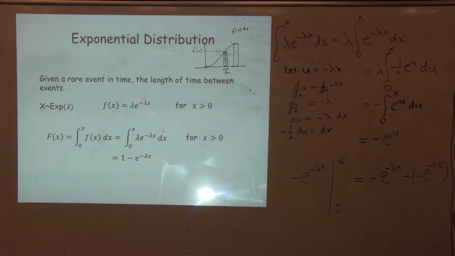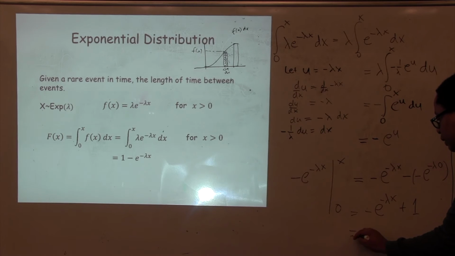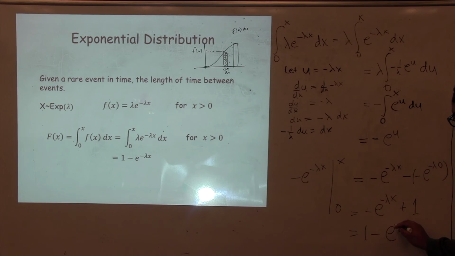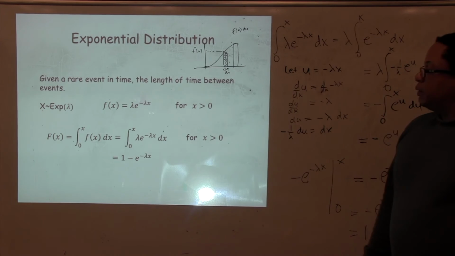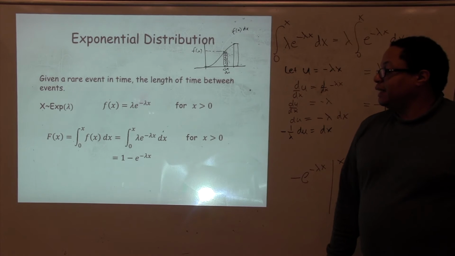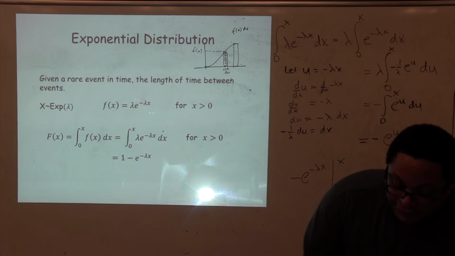Anything to the 0 power is 1, and we get minus e to the minus lambda x plus 1, okay? Which is the same as 1 minus e to the minus lambda x, okay? And there's our result.